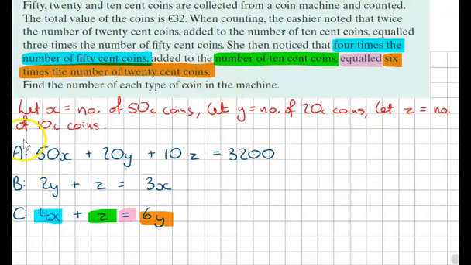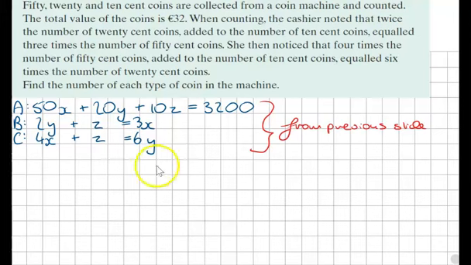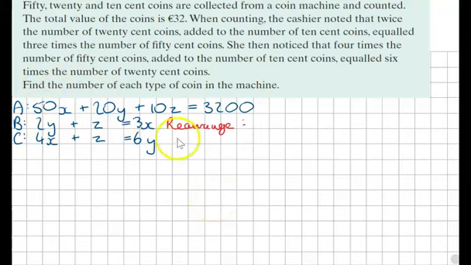So now we've set up our 3 equations. We're calling them A, B, and C. Now we want to solve for x, y, and z. These are just my equations from the previous slide. I'm going to rearrange equation B so that we have all the letters on the left and any constants on the right.